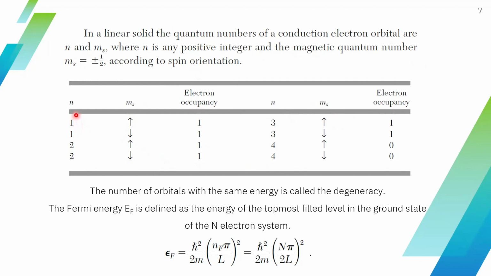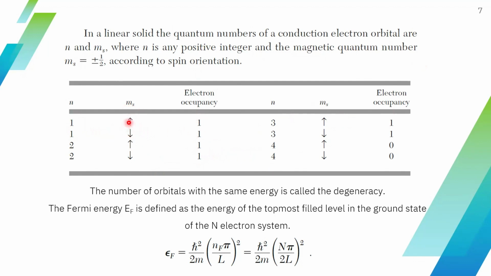So we can say the orbitals n equal to 1, 2, and 3 are fully occupied.